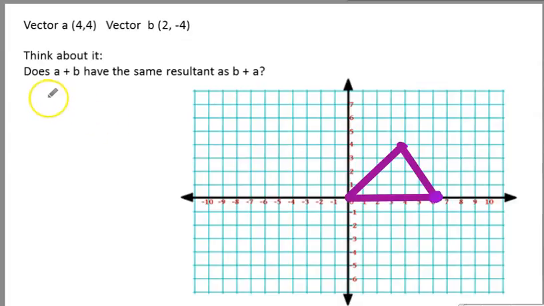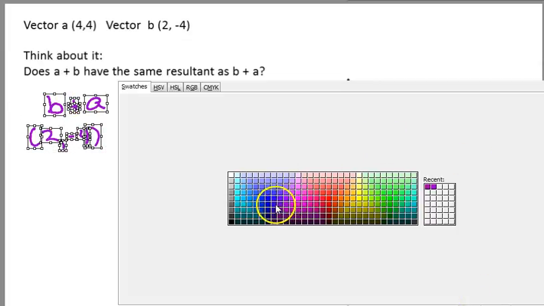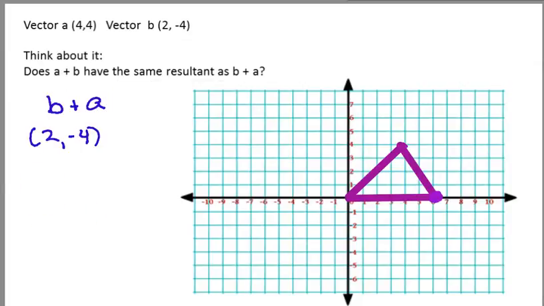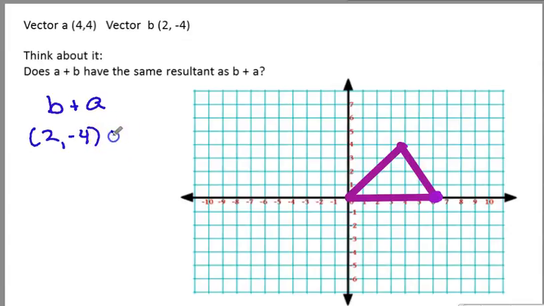Now let's think about if we start with B and add on A. This time we're going to start with 2, negative 4. I'm going to change color so you can see the difference between the two. So if I start with the 2, negative 4, that first vector B, I go over 2 and down 4.